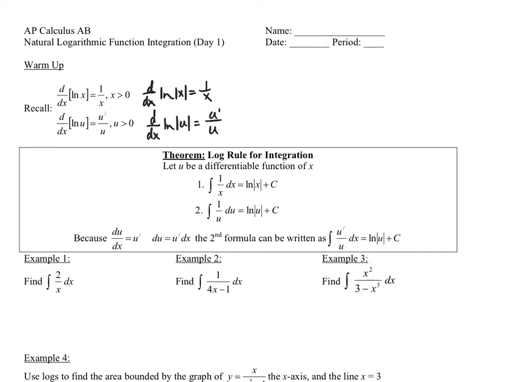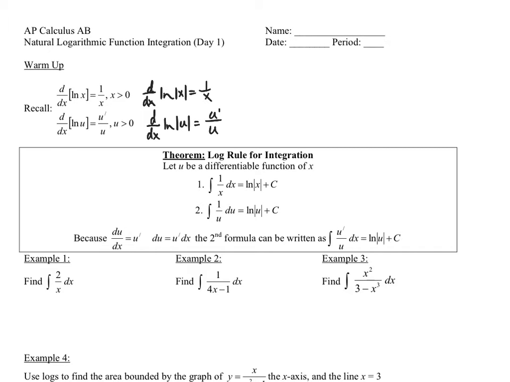Now this second form, we actually have a little bit of a variation, okay? Because a lot of the times, we might get a 1 over u du if we've done u substitution, but the original function may look slightly different, okay? So it's worth recognizing this second part here.